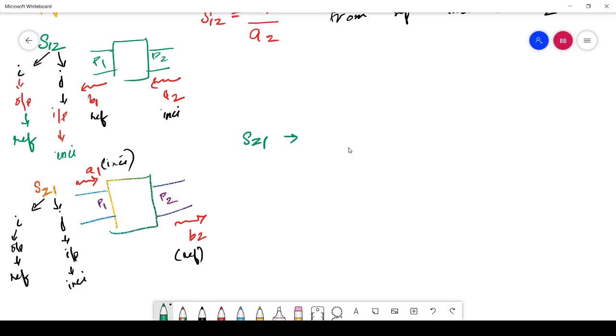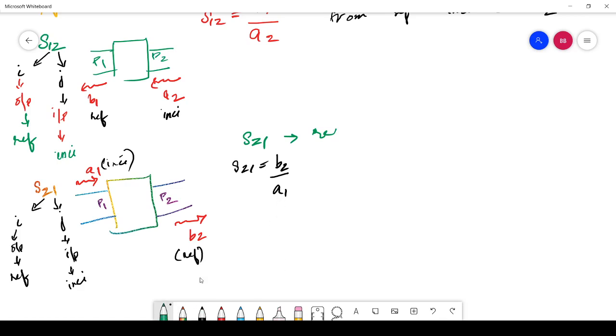So how can I refer to my S21? How can I write it? S21 equal to B2, output by input, right? So B2 by A1.